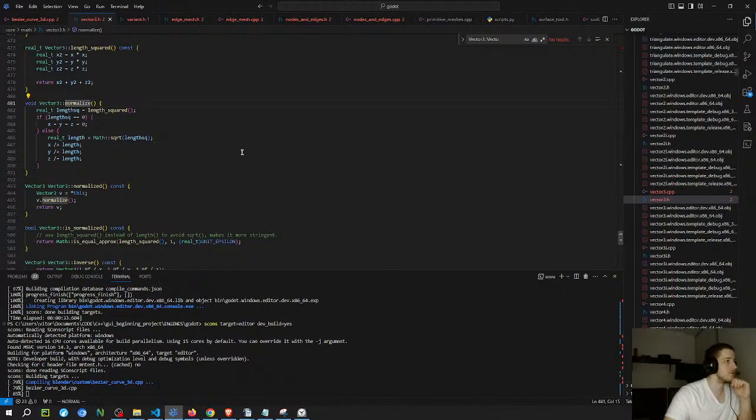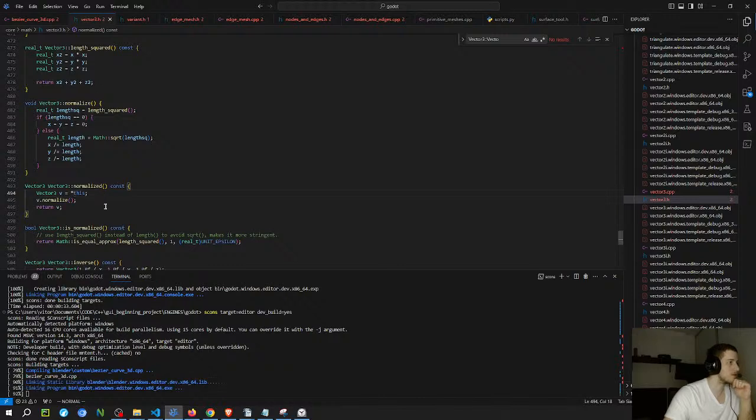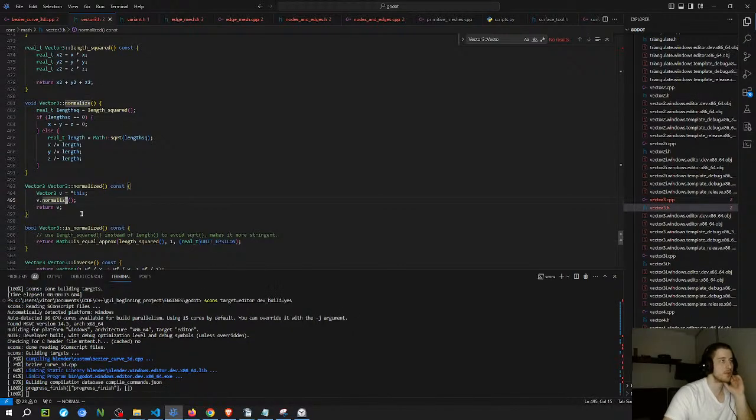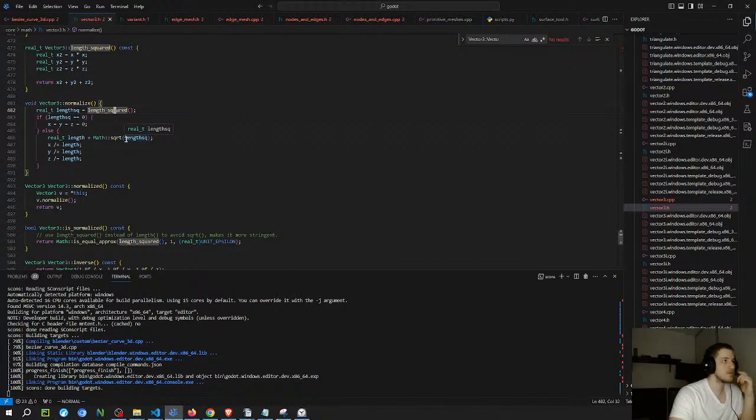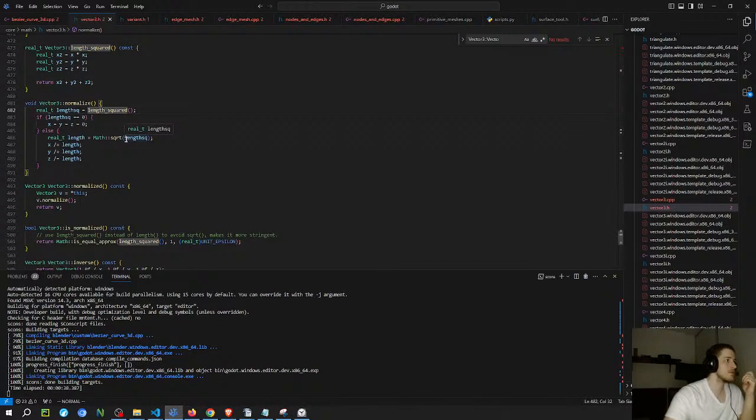Oh no, it's just doing a copy from the vector. Then it's normalizing the copy. Yeah, so it's dividing by the length.